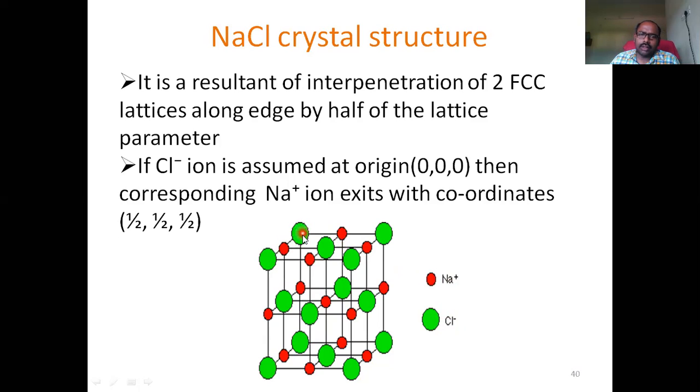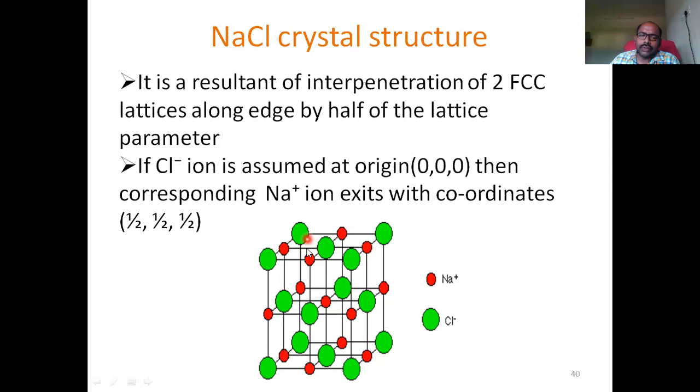If we take one lattice, the leftmost face in this cube, in this total structure, we assume a similar unit cell is coinciding with the earlier unit cell with the green lattice.